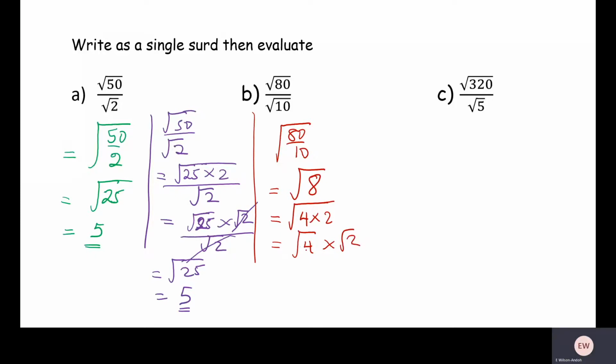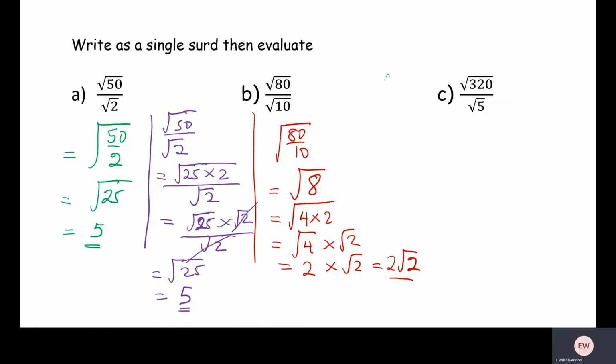And square root 4 is equal to 2, so we have 2 root 2. So we have simplified our answer. And if you check in your calculator, square root of 80 divided by square root of 10, and you check the answer for 2 root 2, you are going to get the same answer.